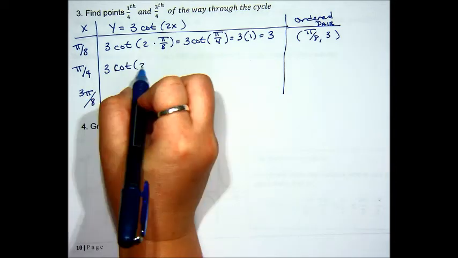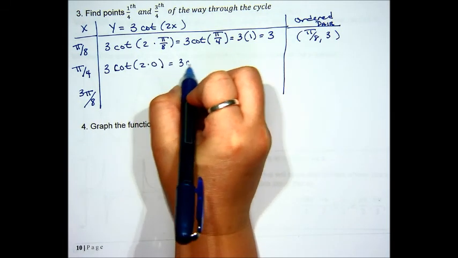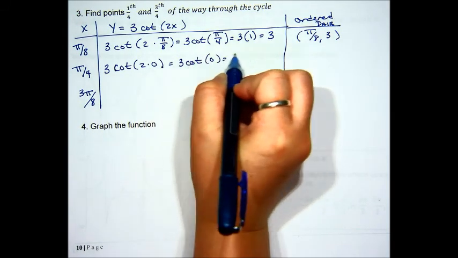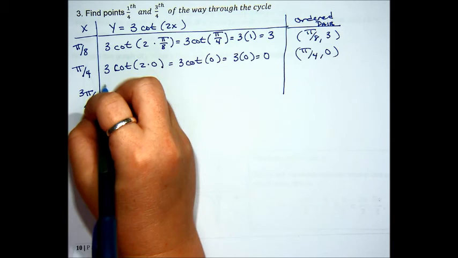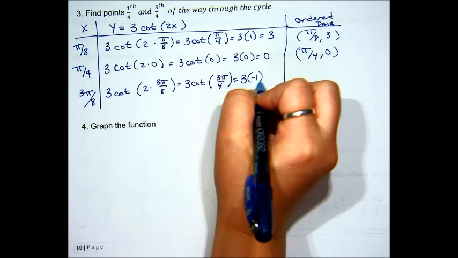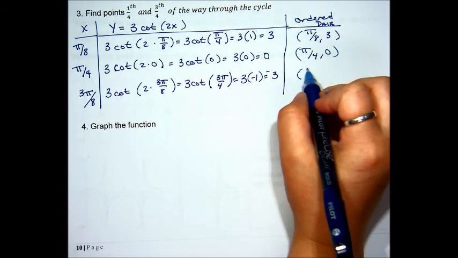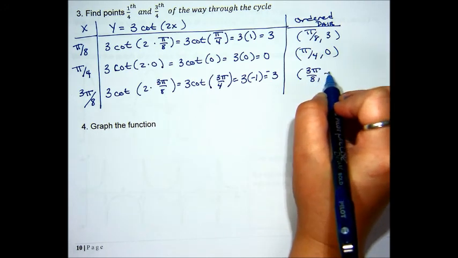Next, 3 cotangent 2 times pi over 4, 3 cotangent pi over 2, which will get you 0. Ordered pair, pi over 4 and 0. Last, 3 cotangent 2 times 3 pi over 8, 3 cotangent 3 pi over 4, which will get you negative 3. Ordered pair, 3 pi over 8 and negative 3.